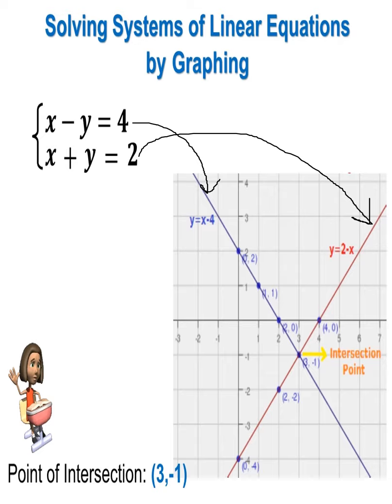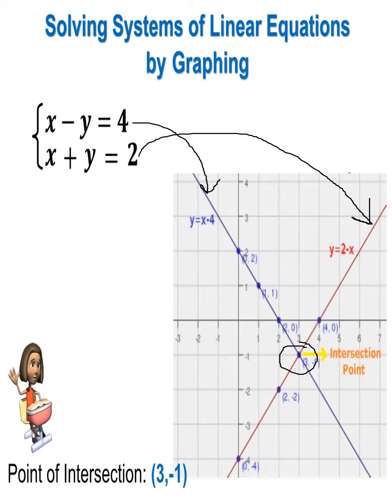Since we are drawing these two graphs on the same graph paper, we will be getting two lines, and the point where the lines intersect each other is known as the point of intersection, and in our particular case we will call it the solution of the linear pair of equations.